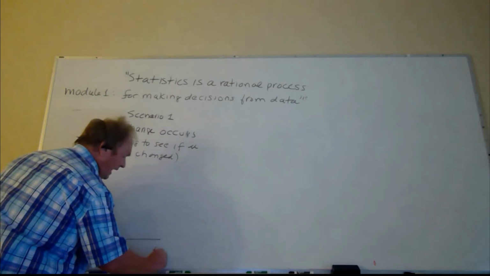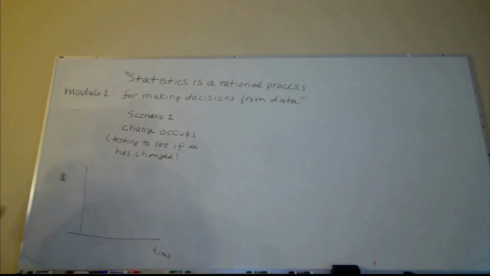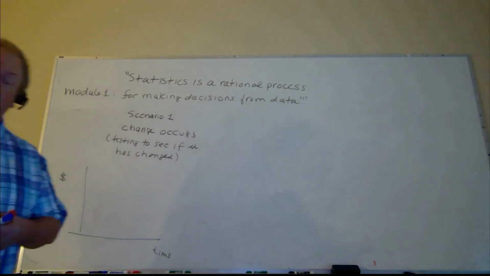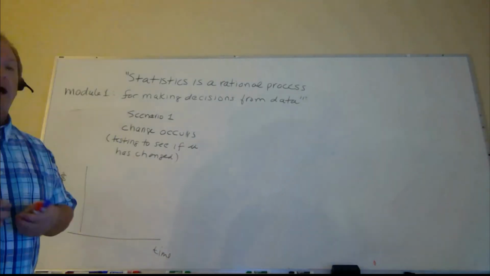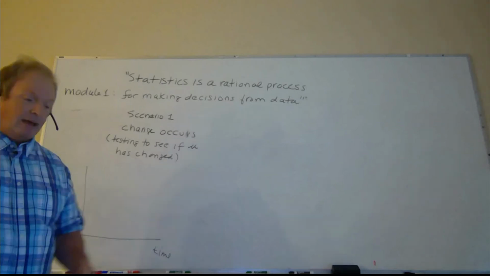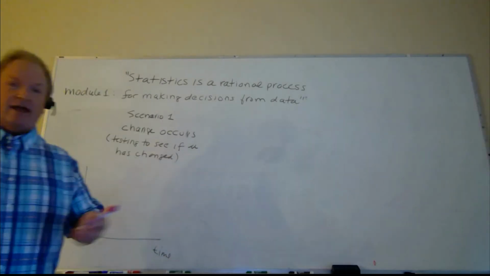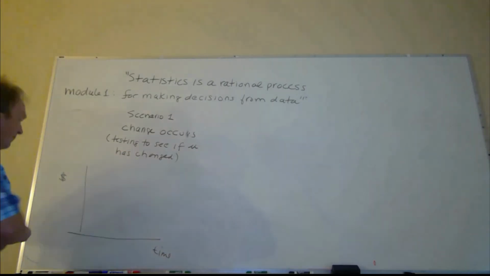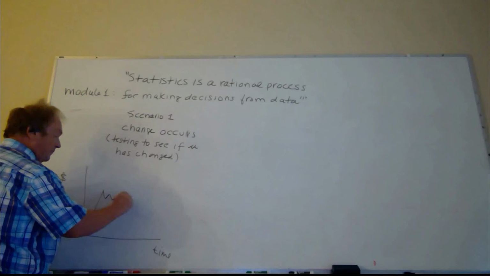We could be looking at the price of some quantity over time. It could be a financial instrument like a stock. It could be the amount of sales that Boeing has made daily. It could be the ticket sales at the Orlando airport, whatever. So we have some sort of time series, maybe like this.